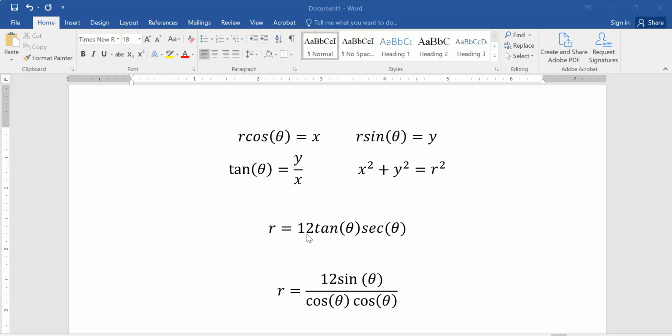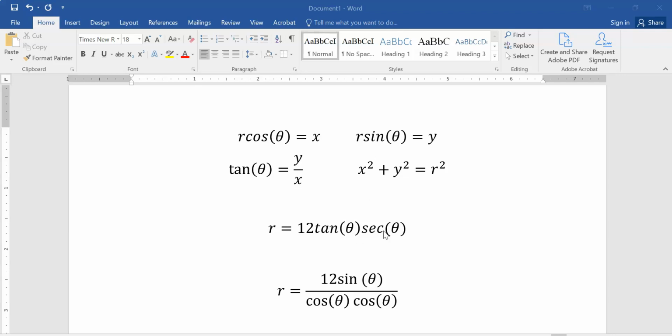Okay, so we have r equals 12 tangent theta secant theta. So what we're going to do is start out by replacing the tangent and the secant with their respective sine and cosine arguments. Now, if we do it this way, I'm not saying this is the only way.